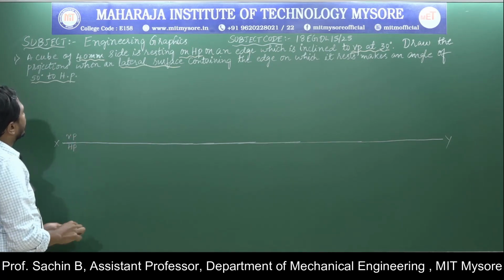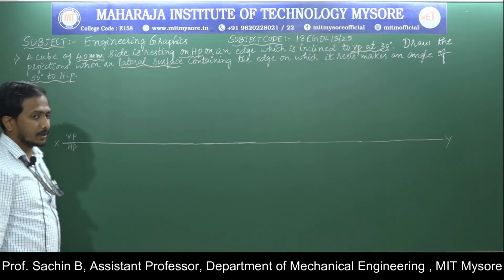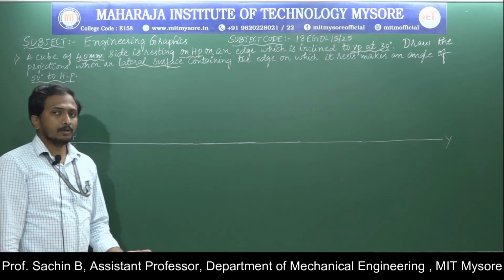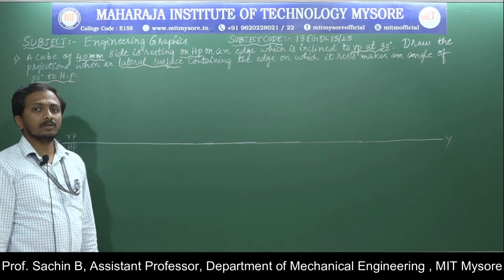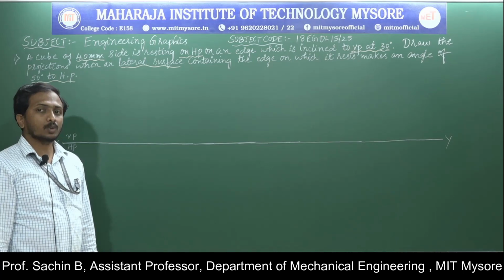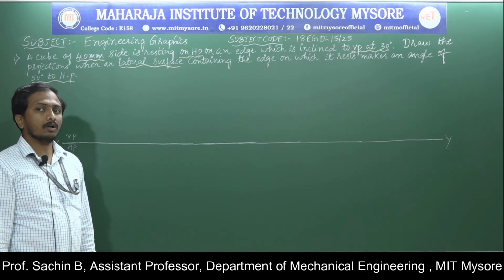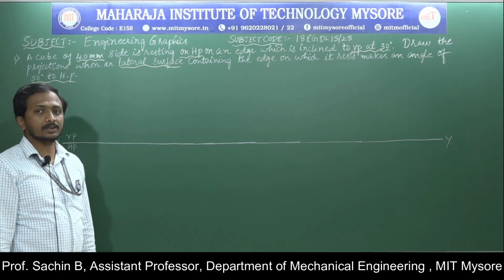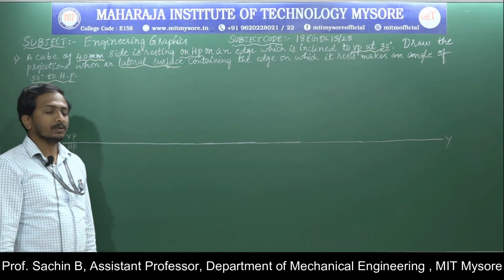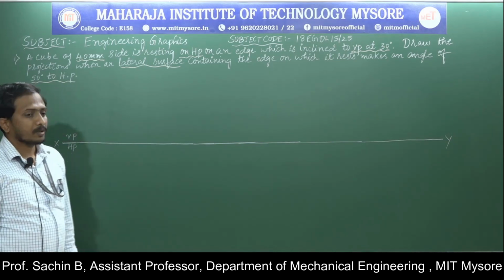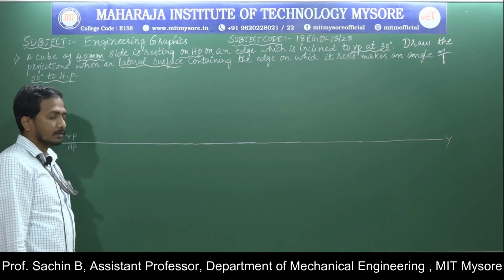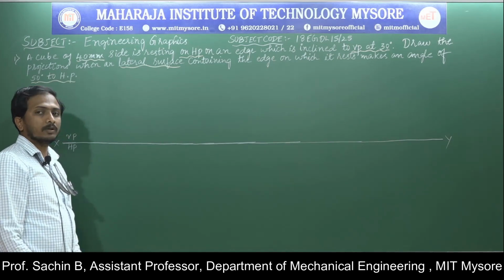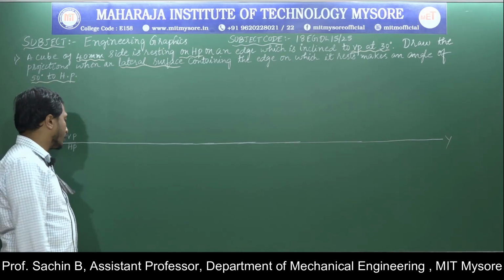In the problem, they are saying a cube of 40 mm sides. I already explained, a cube is also called a hexahedron, which has 6 equal square faces, meaning all the faces will be similar, and the faces containing the edge have similar dimensions. Now, if I keep the cube on the horizontal plane and look at the top view, the cube will look like a square in the top view.